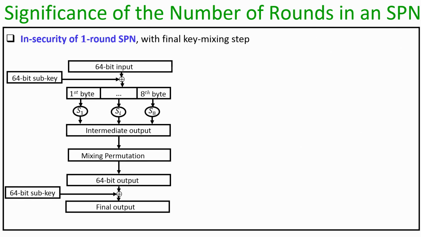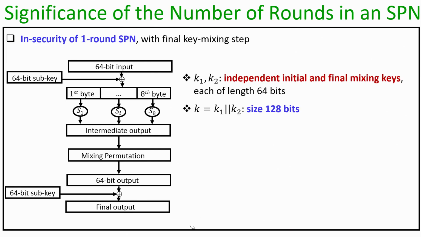Now let us imagine that we do an actual one round SPN, namely we design a keyed permutation FKX where we do one iteration of key mixing, substitution and permutation, followed by the final key mixing. Imagine that the sub keys used during the first round of key mixing and the final key mixing are independent of each other, and hence the overall master key of my FK function is of size 128 bits.